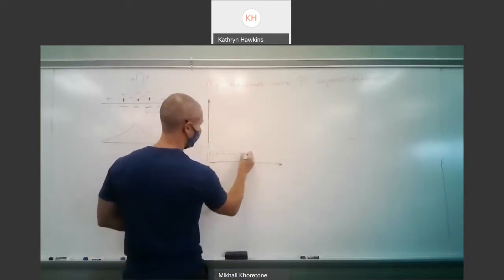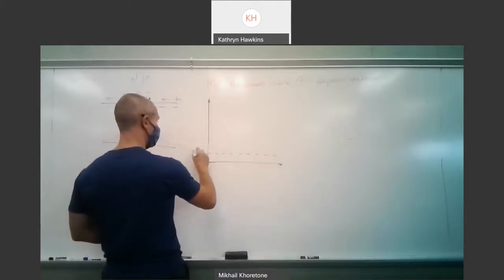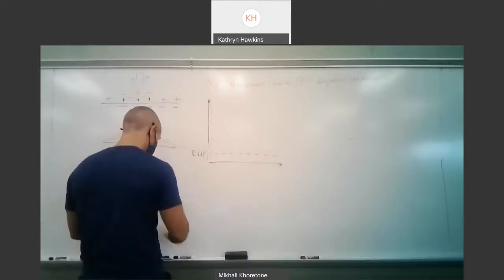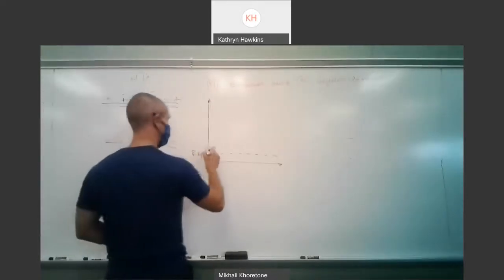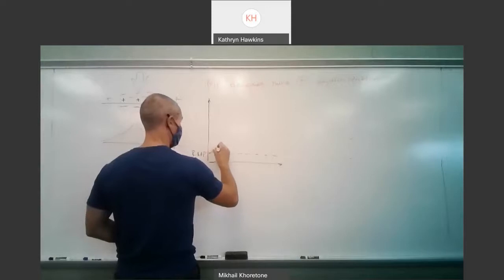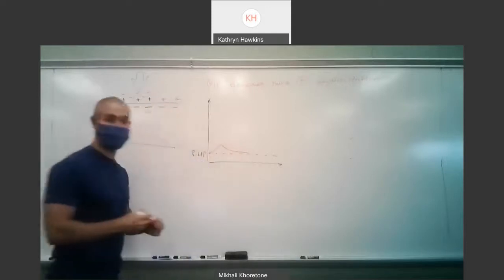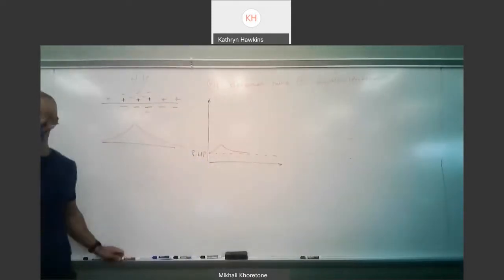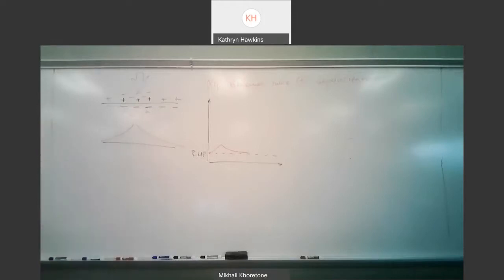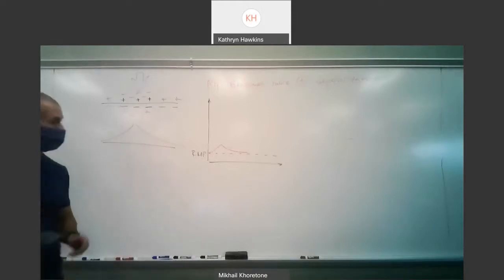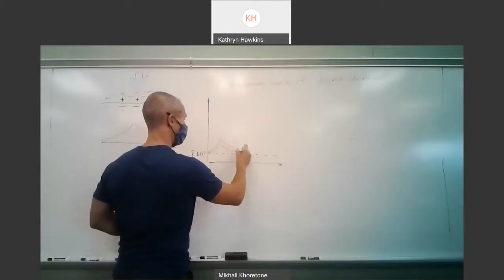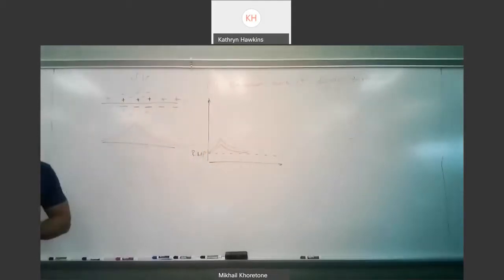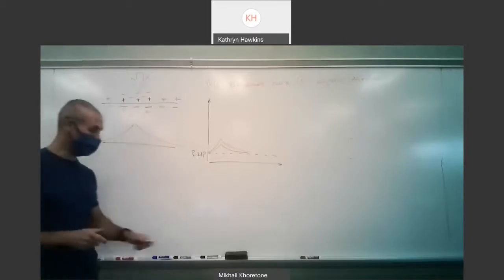So if this dashed line is resting membrane potential, let's say you have a stimulus. That's your graded potential. Now then you have a stronger stimulus. Eventually it will go.